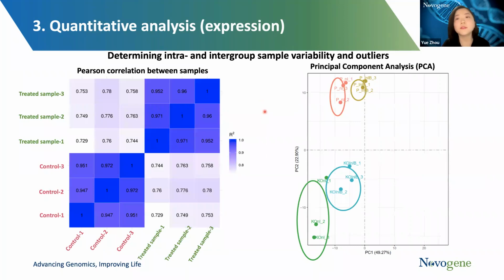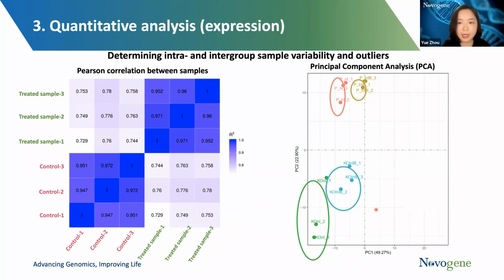There are actually different ways of determining the intra- and intergroup sample variability and outliers. A global view of the data allows for the characterization of variation between the replicates and whether the investigator-defined experimental groups show actual differences between the groups.